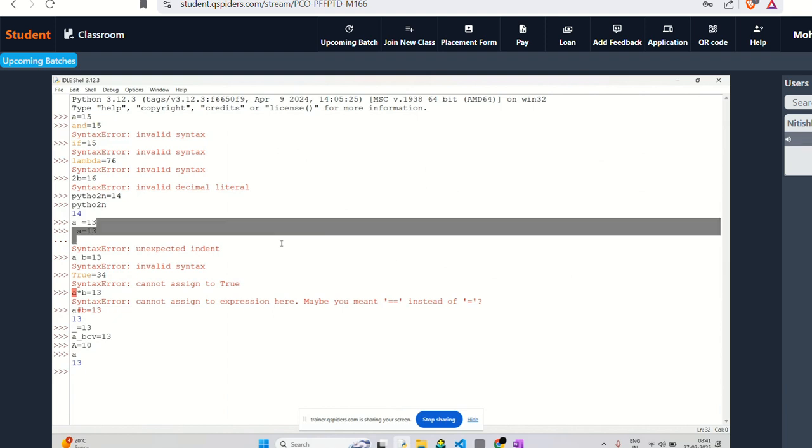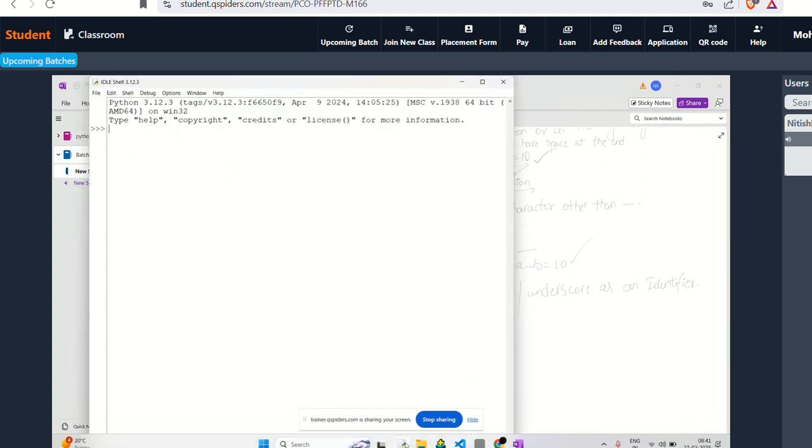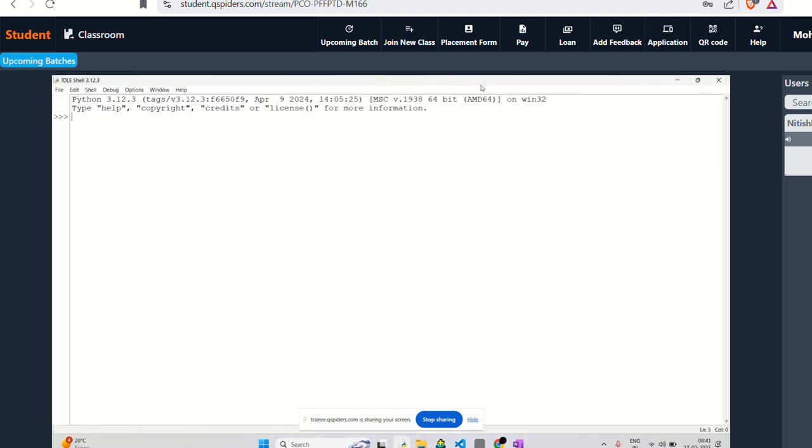I will remove this cell and take a new cell. See, it is giving an error, meaning lowercase a is not defined. We created the variable with uppercase A. Both uppercase and lowercase alphabets can be used as variables, but while creating and while calling, we need to use the same case.